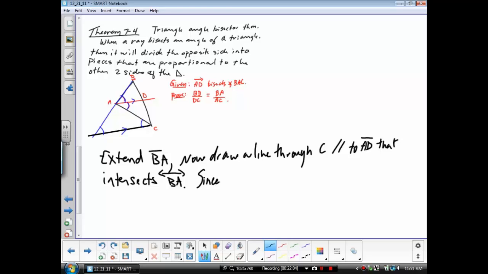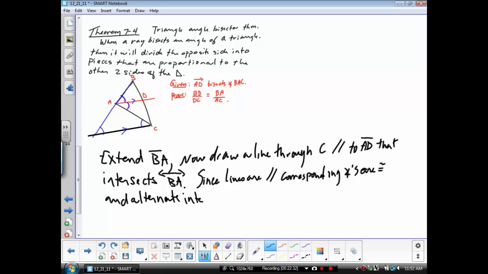So I'm going to say since lines are parallel, corresponding angles are congruent, and alternate interior angles are congruent. We'll number these angles so we can refer to them.